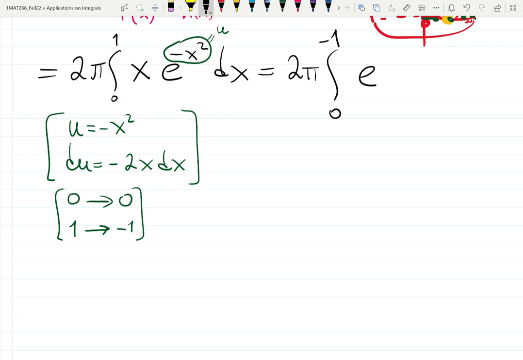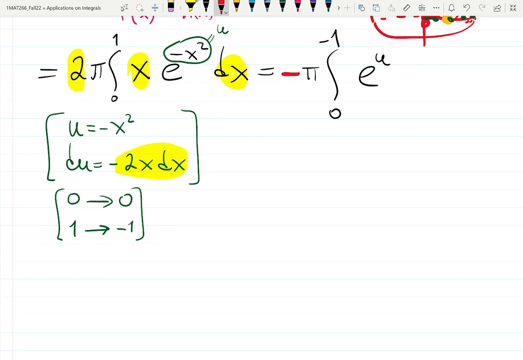Now, it's e to the u, that was the whole point. And then, let's see what I have. I have 2x dx. So I'm going to solve for 2x dx over here. Then actually, I don't need this 2 anymore. And instead of 2, it will be what? Negative.